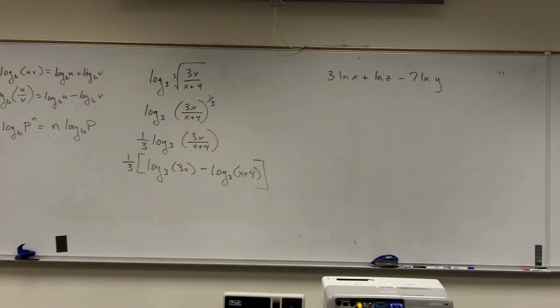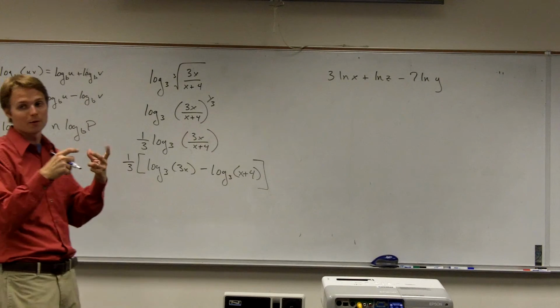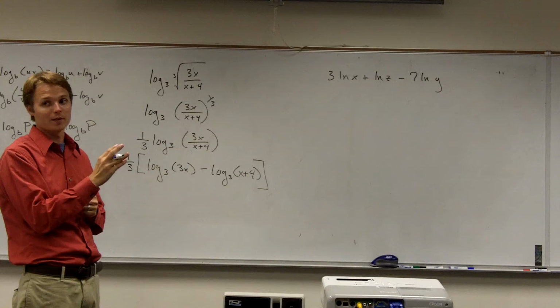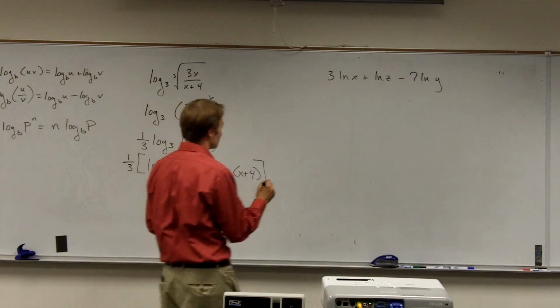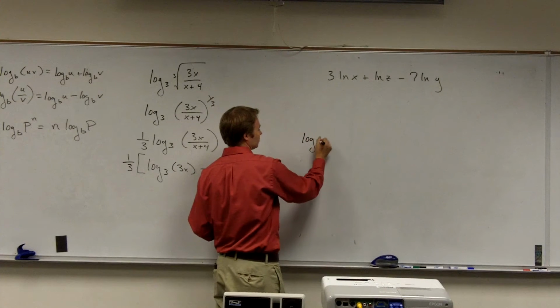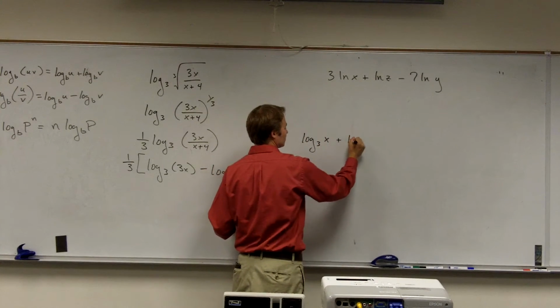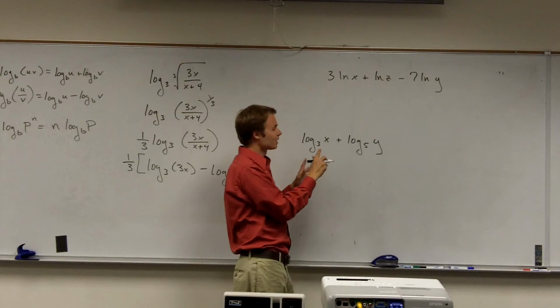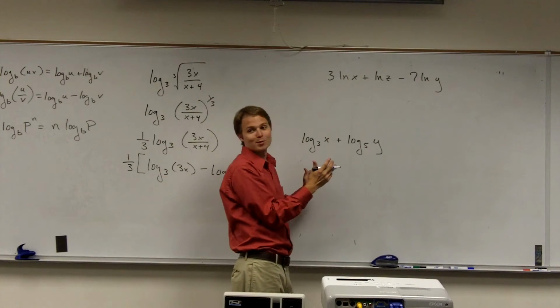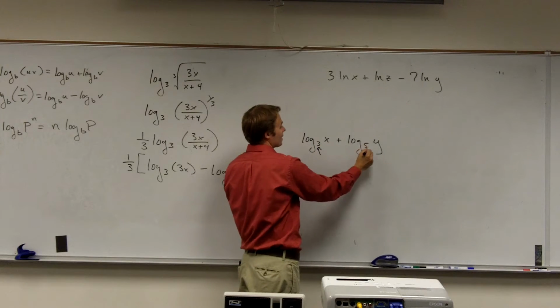And now what I want to do is combine these logarithms. Now here's the trick. You can only combine two logarithms at their exact same base. So if you have something like a log base 3 and a log base 5, these will not combine into log base anything of x times y, because these bases are not exactly the same.